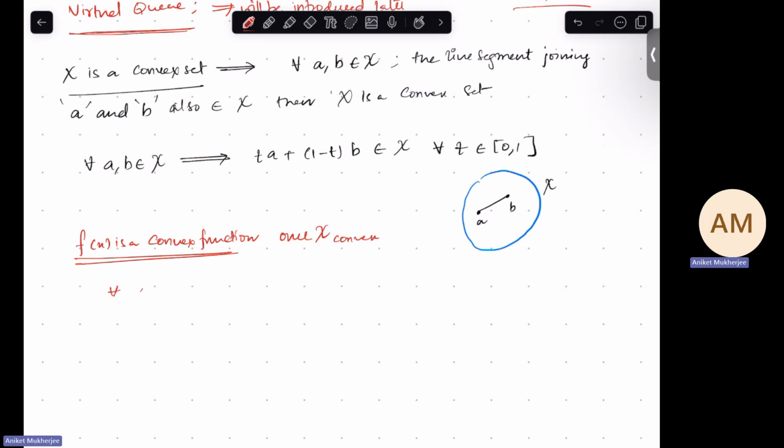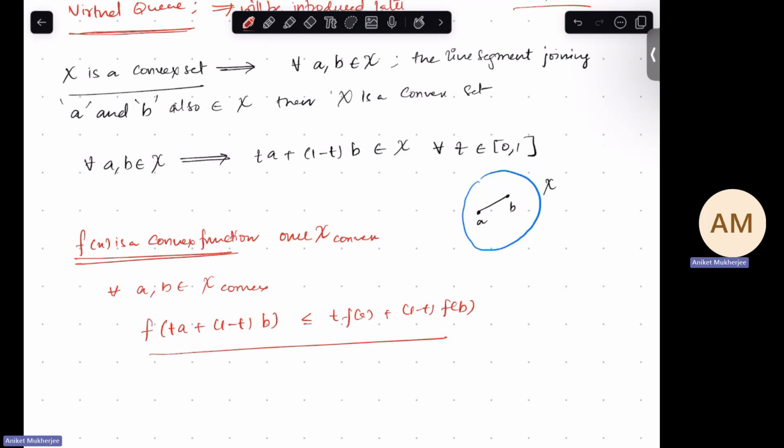For all A, B belongs to X convex, if you have f(tA plus (1 minus t)B) less than or equal to tf(A) plus (1 minus t)f(B), then the function f is a convex function.